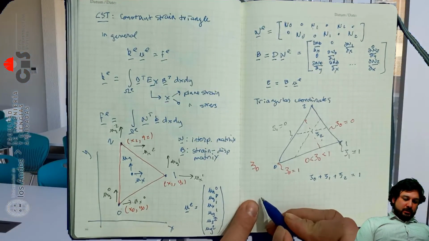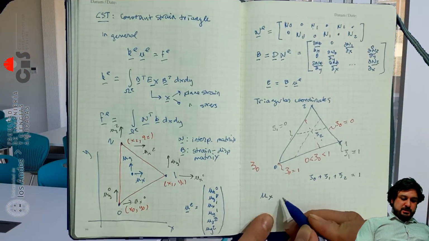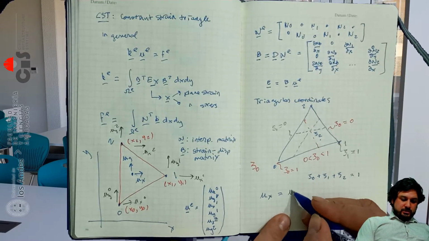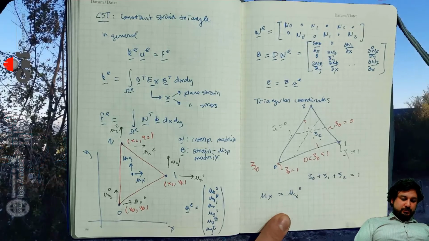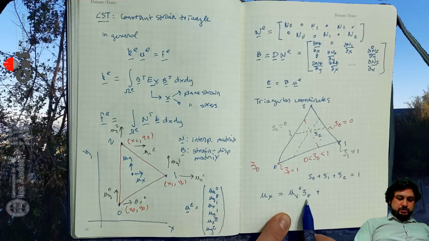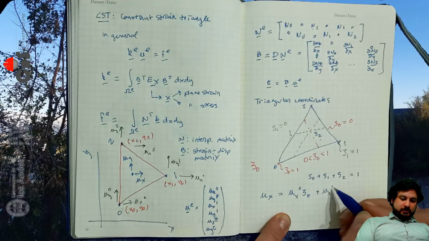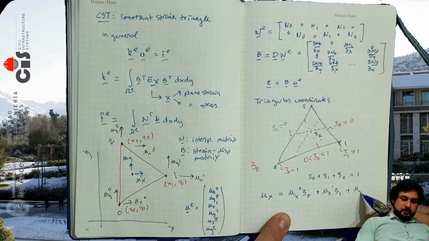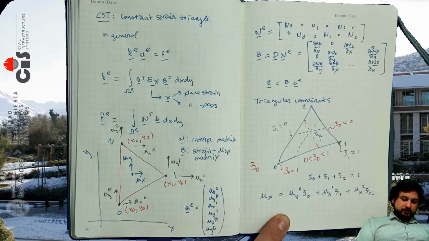If I want to interpolate the x displacement field, you do it like so. ux of the 0 degree of freedom times that triangle coordinate, and we keep going like this, x2, zeta 2.